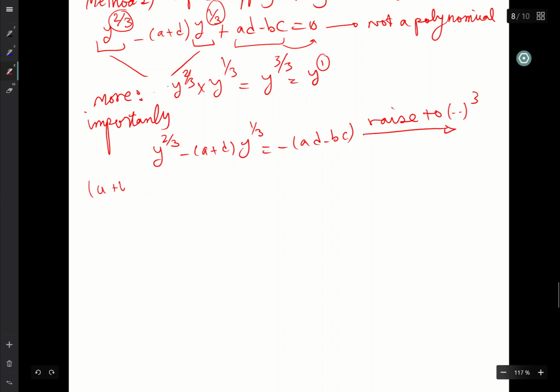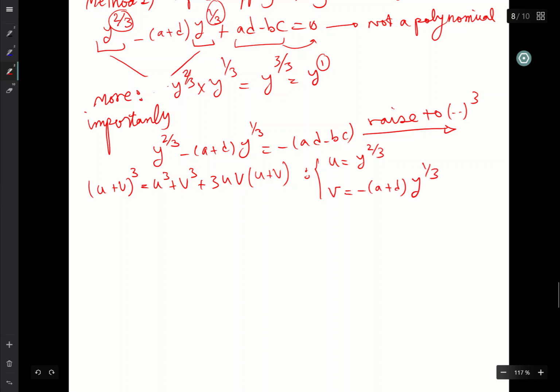So (u plus v) to the third power is u cubed plus v cubed plus 3uv(u plus v), right? Now, let's assume that our u is y to the 2/3 and v is minus (a plus d) y to the 1/3. Now the thing is that we already know what u plus v is, right? u plus v is minus (ad minus bc).